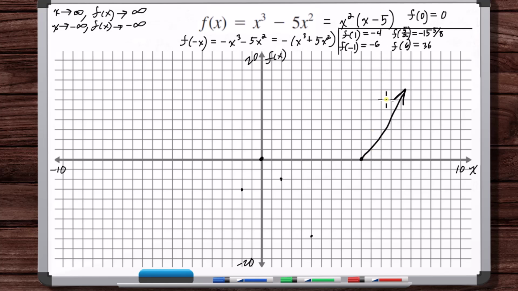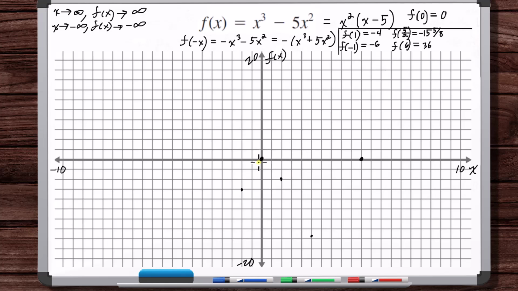So, okay. And again, I don't know if it's the case that the middle between two x-intercepts, when you have a turning point, that the middle is going to be the peak or the trough of the turning point, but for the purposes of a rough sketch, we can do it that way if it makes it easier to draw.